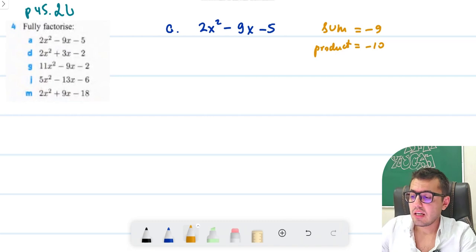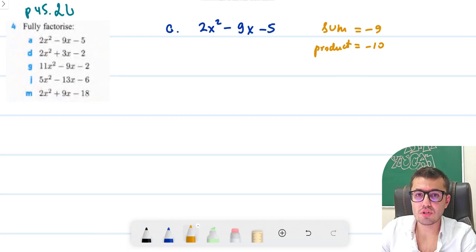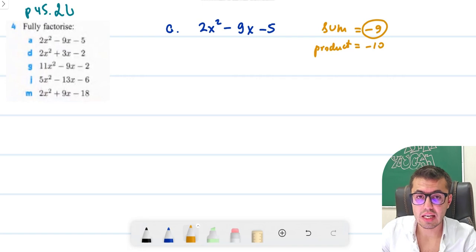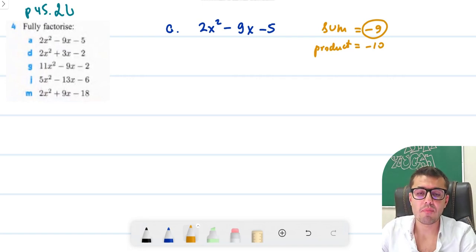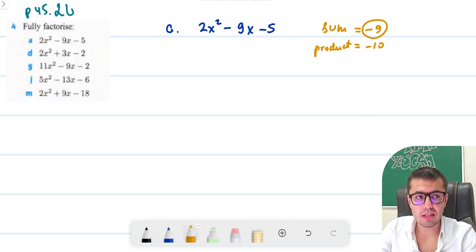And I said that guessing these two numbers from the product is easier, because there are not many combinations that will give you -10 as a product. There are billions of combinations that can get you -9 as a sum. So for example, -8 and -1, -7 and -2, -5 and -4, 10 and -1.